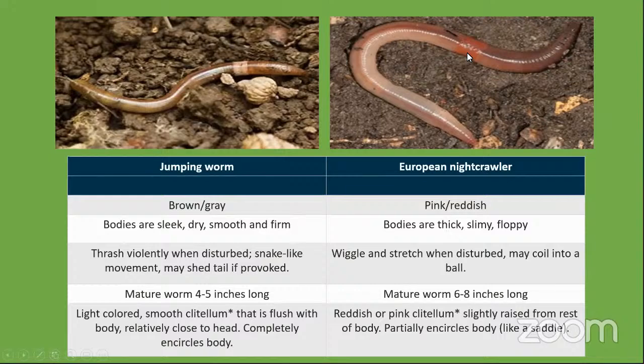On the European nightcrawler, the clitellum is pink or red, and it's slightly raised from the rest of the body, and it doesn't go all the way around like the jumping worm's does. So these are 2 of the other clues that, if you look closely at the worm, you can pretty easily tell whether it's a jumping worm or not.